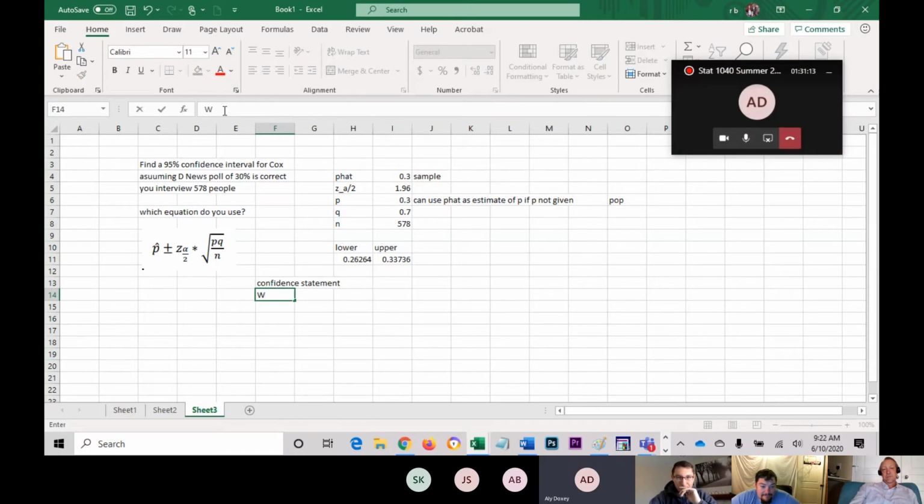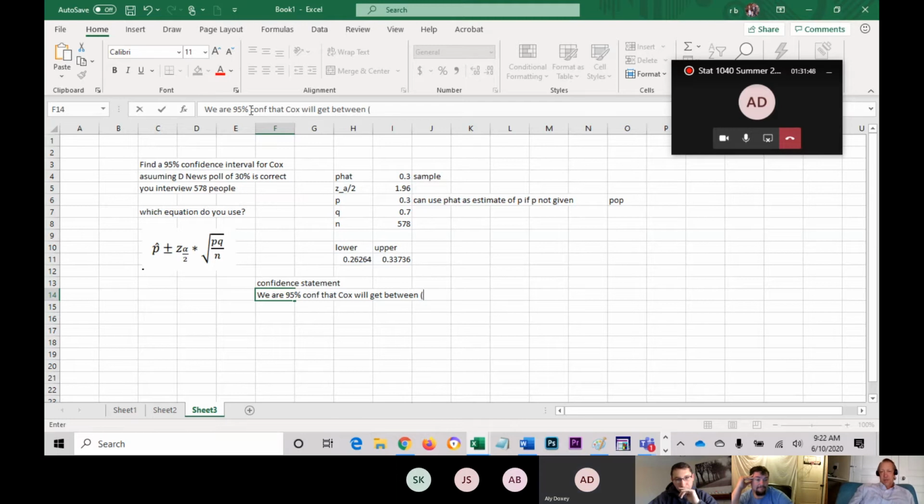I'll try it. So we are 95% confident that the news poll is correct with a lower bound of 26.24% and an upper bound of 33.74%. See, we're not confident the Deseret News poll is correct. We're confident that Cox will get between, and then what you said, 26.2%.